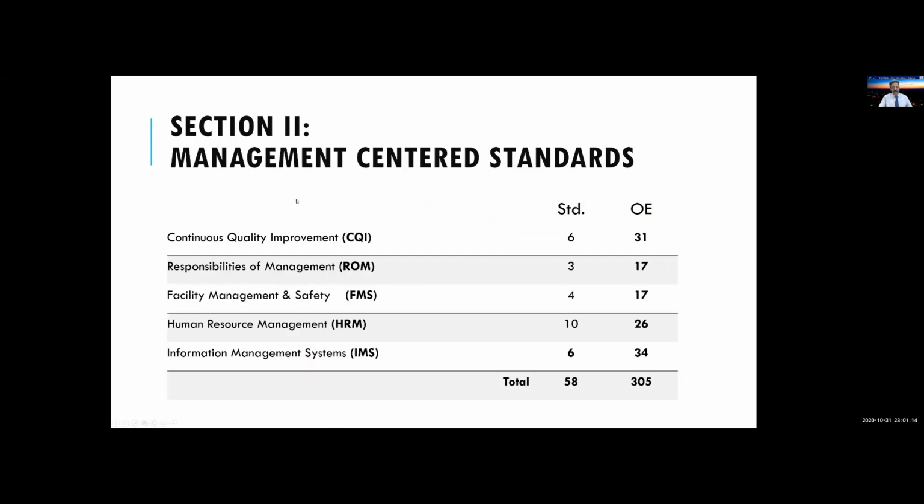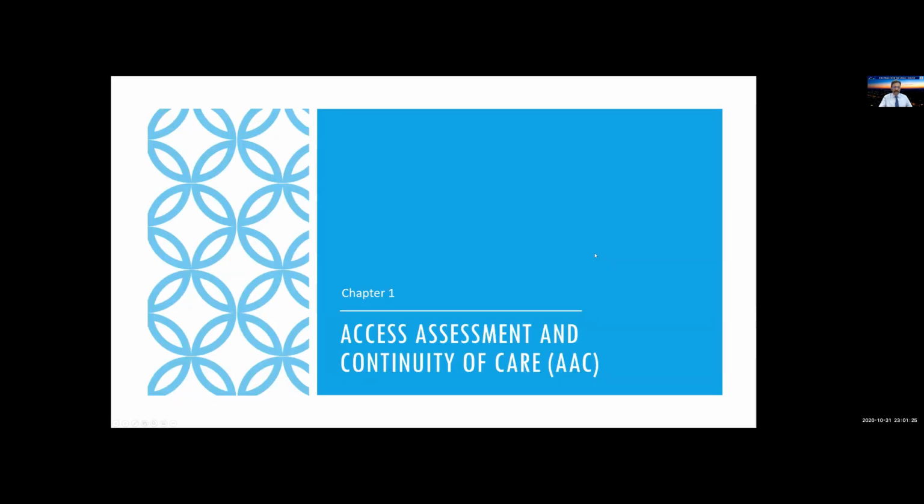Section 2 is the management-centered standards. Again, it has 5 standards, and totally we have 58 standards and 305 objective elements. So let us see how we can learn about access, assessment, and continuity of care, and how we can implement these standards in our practice.